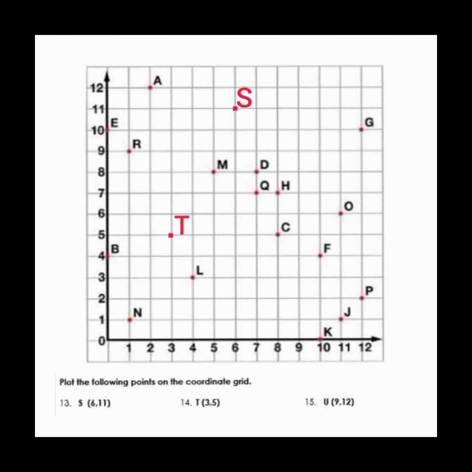So we're going to look for 9 on the x-axis, and then 12 on the y-axis. And then just go up to where the 9 and the 12 meet, and then we're going to plot the letter U for that coordinate.